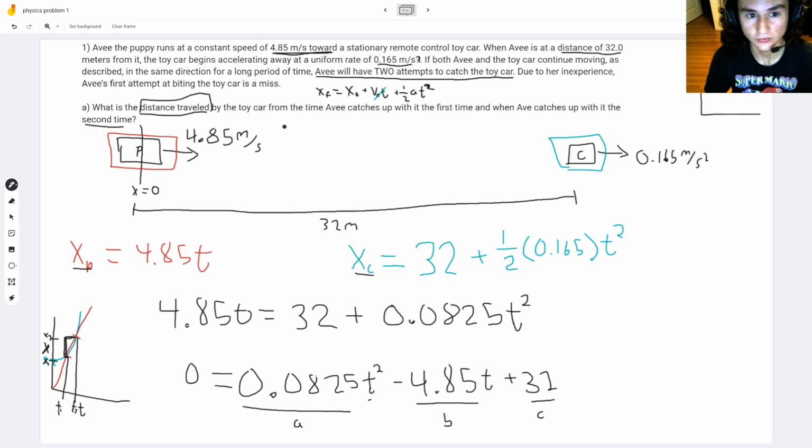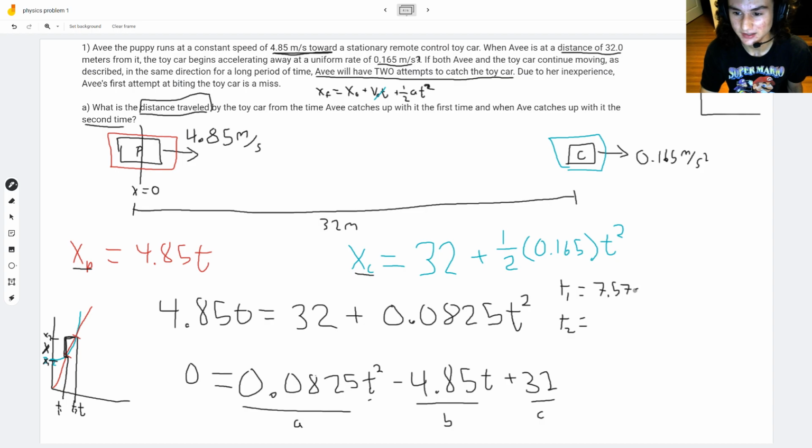So those two values I'll draw over here, so t1 and t2. Those two values, after you plug them in, I used a graphing calculator, are 7.57, and this is in seconds because it's a time, and 51.21 seconds.